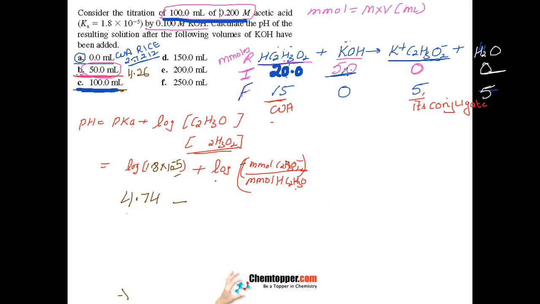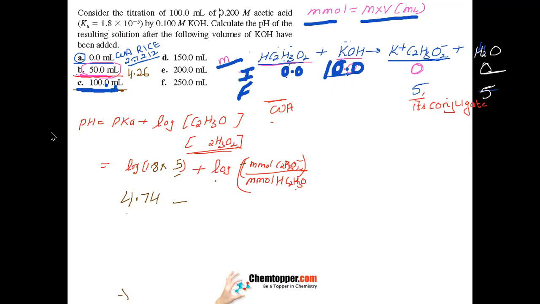So how much KOH? 100 times the molarity, 0.1. So how much? 10. This time it is 10. Molarity times volume gives millimoles. We are working with millimoles in this reaction, initial, final. So there are 10 millimoles of KOH, right?